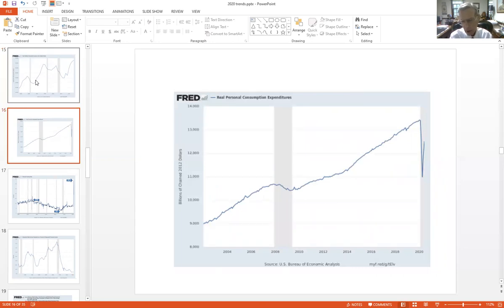So here are real, that is inflation-adjusted personal consumption expenditures, what you and I spend in the stores. And you can see that when the coronavirus arrived, there was a sharp decline and then a recovery.